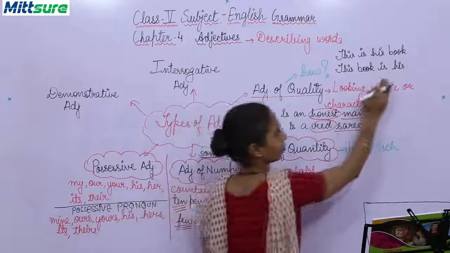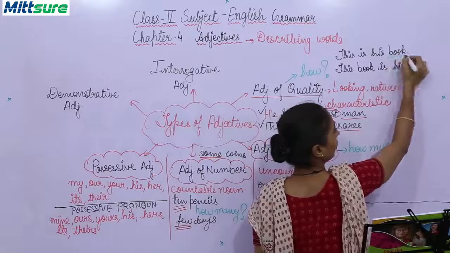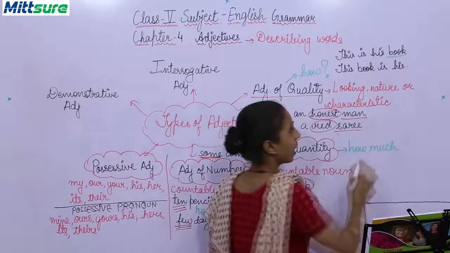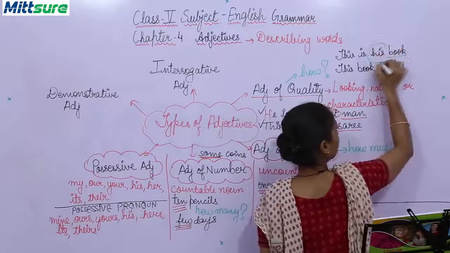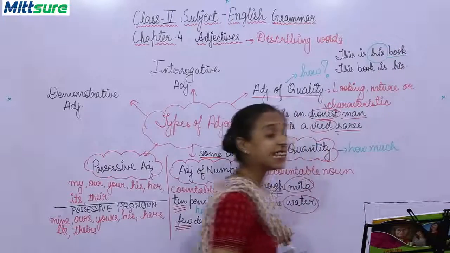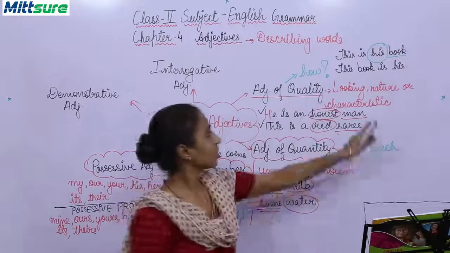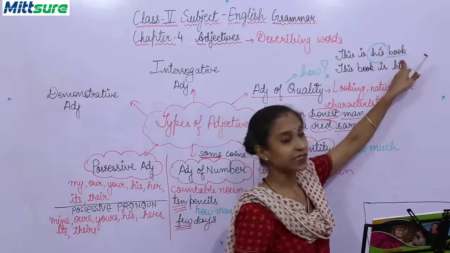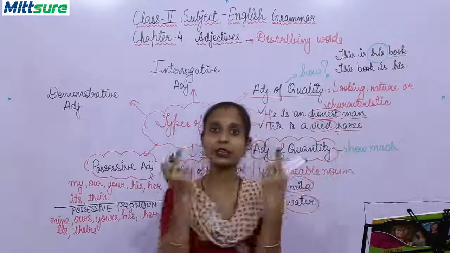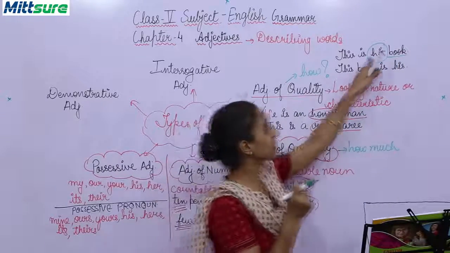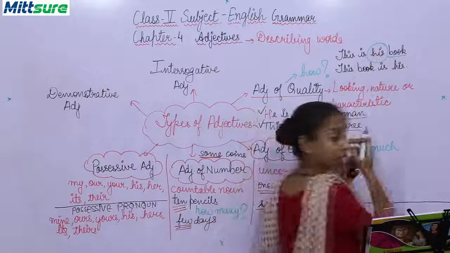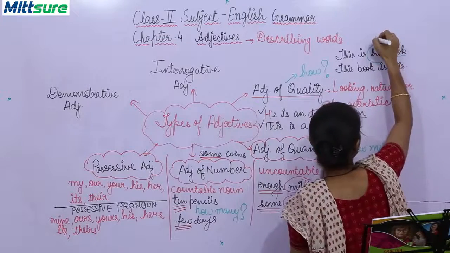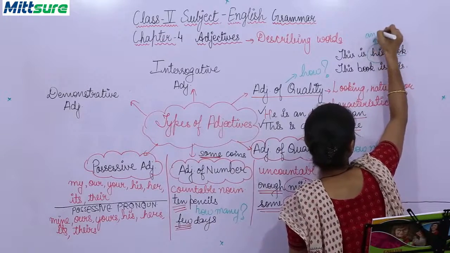So, which noun here? Book. And just before it we are using his. So, his and the noun, they both are coming together. That means this will be an adjective.